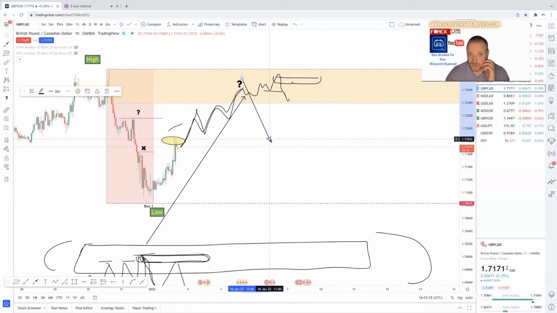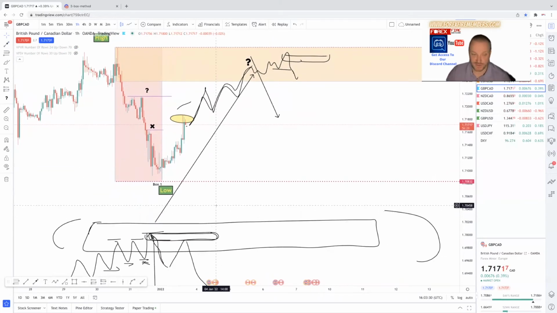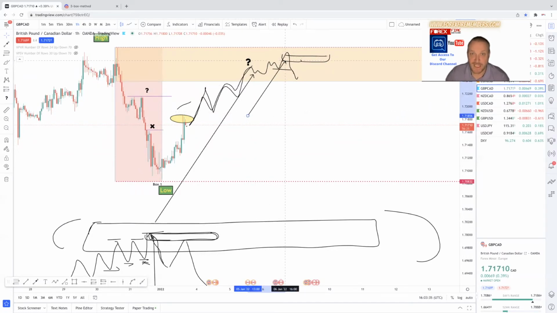Once you get this retested on the higher side, you are basically waiting, like I say, for that breaker structure as it comes back down into play. Bring your chart to the 2 minute time frame, and then we would anticipate that to come back up to mitigate into the lower time frame entry within the higher time frame order block, okay?